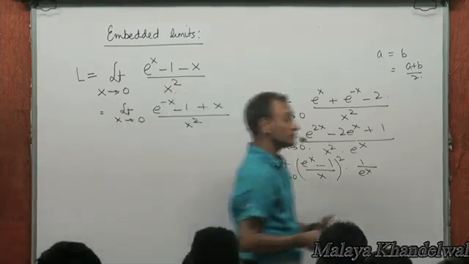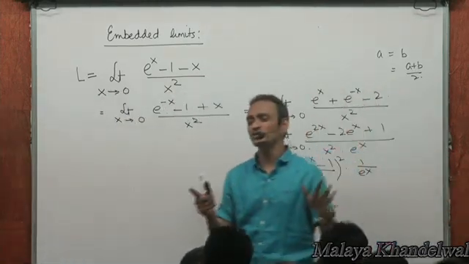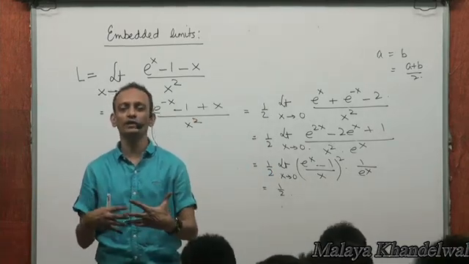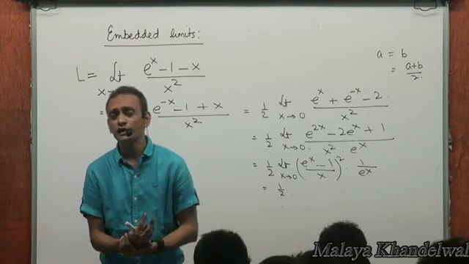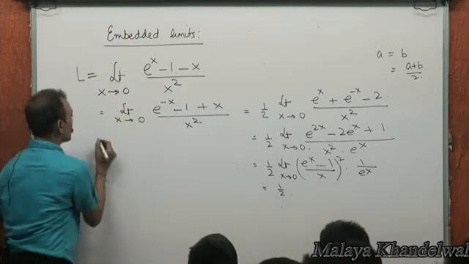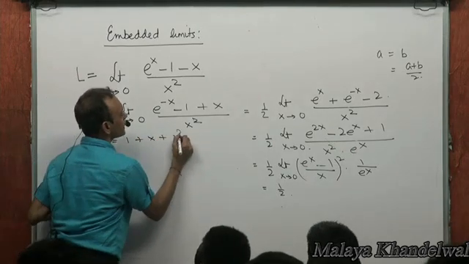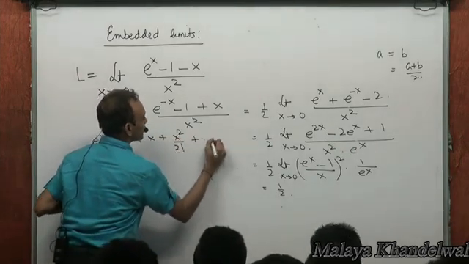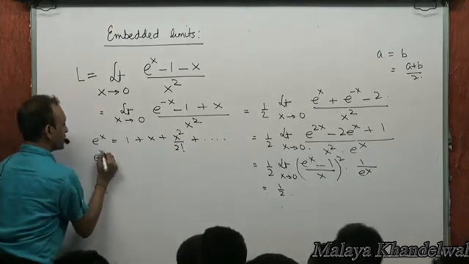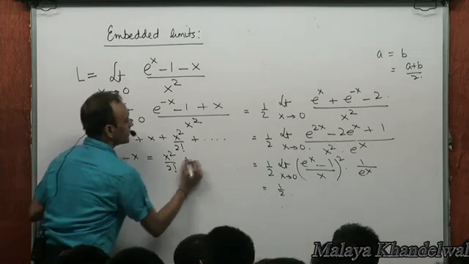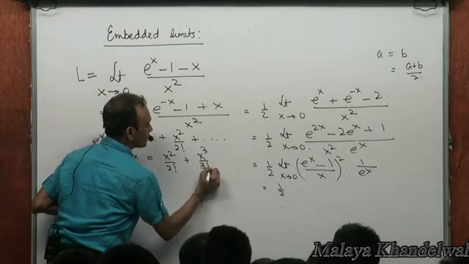The other thing which I was avoiding to tell you, because I want to create tough moments for you right now. I don't want you to use all that. But if you choose to use series expansion, e power x is 1 plus x plus x square by 2 factorial plus etc. Then e power x minus 1 minus x is like x square by 2 factorial plus x cube by 3 factorial and so on.